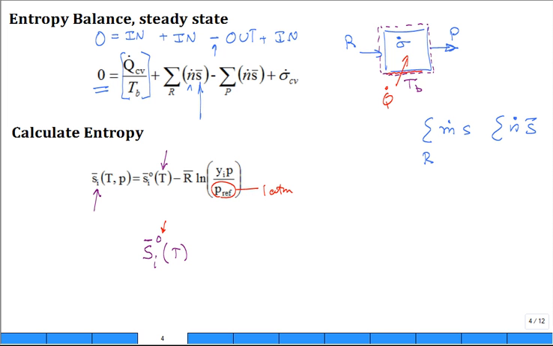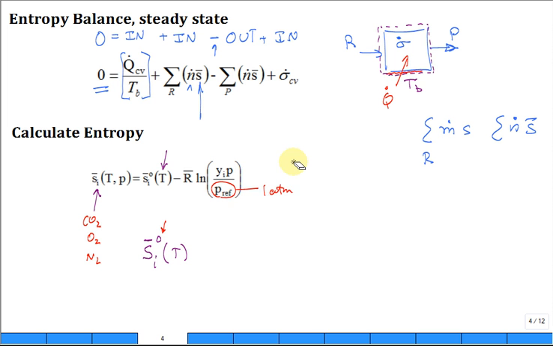Now what is this P? That would be the pressure of the mixture, the mixture of the reactants or the mixture of the products. So that's the total gas pressure times the mole fraction of that species in the mixture. So this is the partial pressure of whatever component we're talking about, such as CO2 or O2 or N2, which are very common.